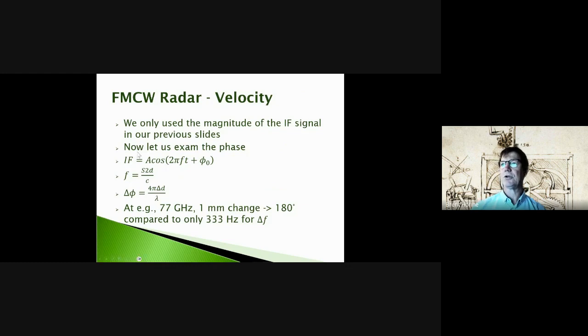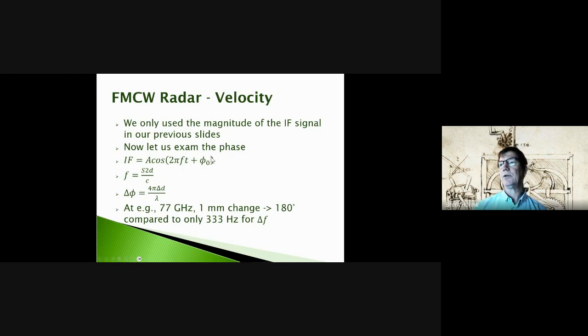Then we started looking at velocity, and we learned that we can measure phase and we can get a lot of sensitivity out of the phase that really isn't there in this frequency that's related to the slope, that's related to the time, that's related to the distance, right?